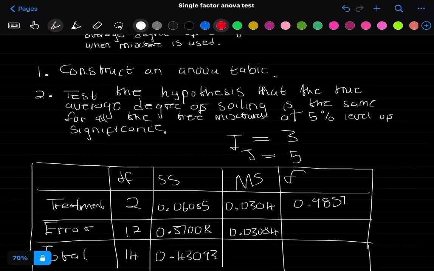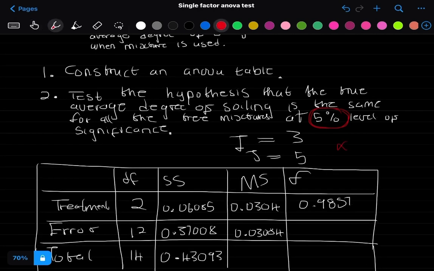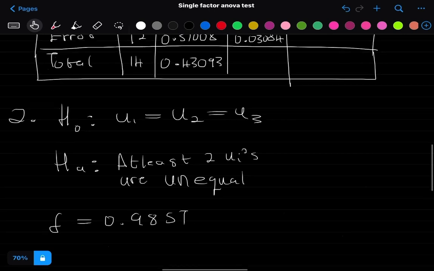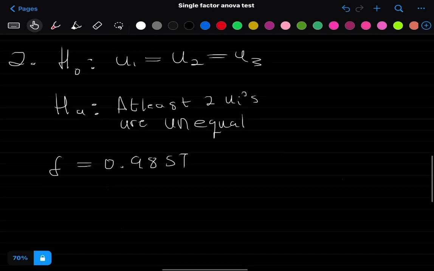Remember, we're testing at 5%, sorry, which is 0.05. Alpha is 0.05. Now, you can use the p-value approach, but right now I'm going to use the critical value approach only.